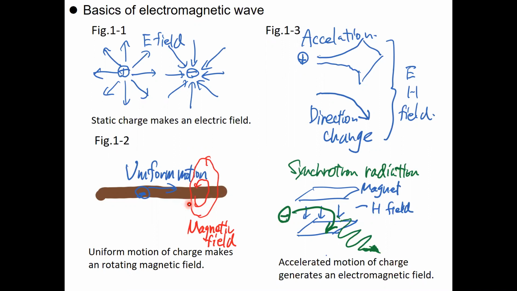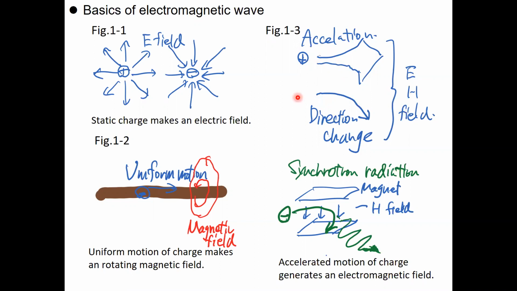The other point is here in figure 1.3, where the charge, positive or negative, is not in uniform motion but is now accelerated. It's gradually getting faster. In this case, this motion gives electric and magnetic fields.